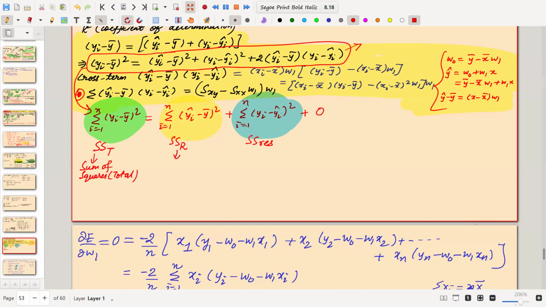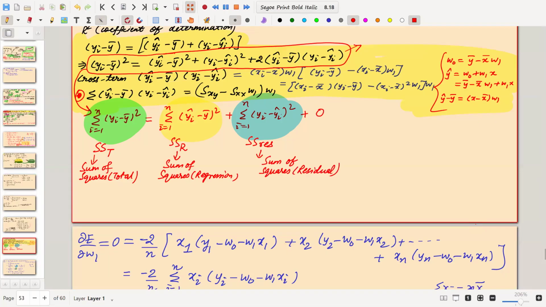What is SS capital R? SS capital R is the sum of squares for regression. What is SSRS? SSRS is the sum of squares of residuals.